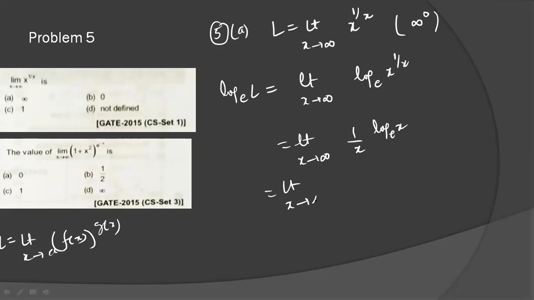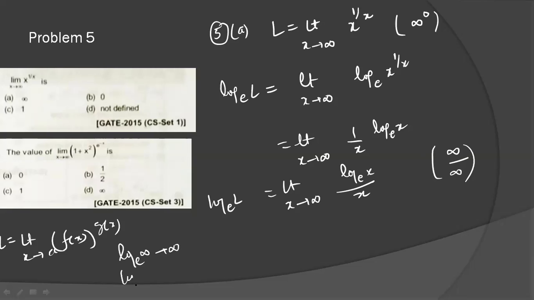Now see what is the indeterminate form here. So log infinity is tending to infinity, and x is infinity also. Remember, log infinity tends to infinity and log 0 tends to minus infinity.